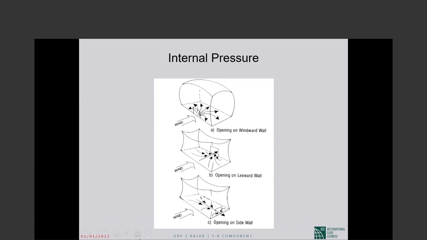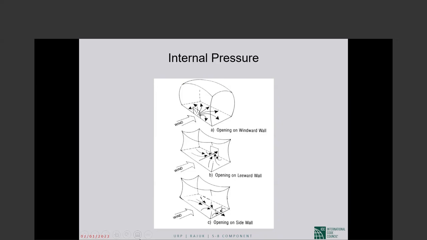However, if we are designing a component of a building, the walls or the roof, we need to consider the pressure inside our building. So this is now the topic.